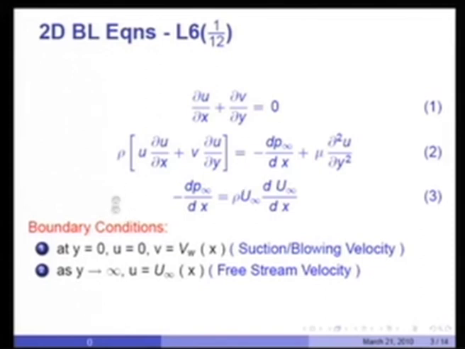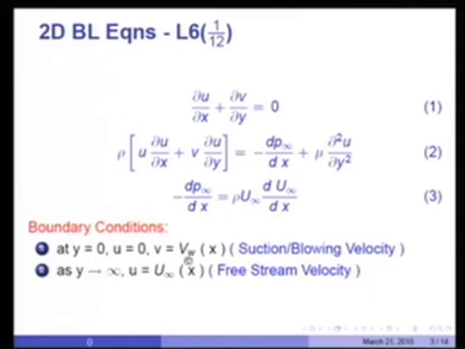Now, the boundary conditions are obvious. At y equal to 0, that is at the wall, the streamwise velocity u will be 0, but there may be suction or blowing at the wall. So, we shall say v equal to v w, which may be a function of x. At y tends to infinity, u of course will tend to u infinity of x, which is the free stream velocity.